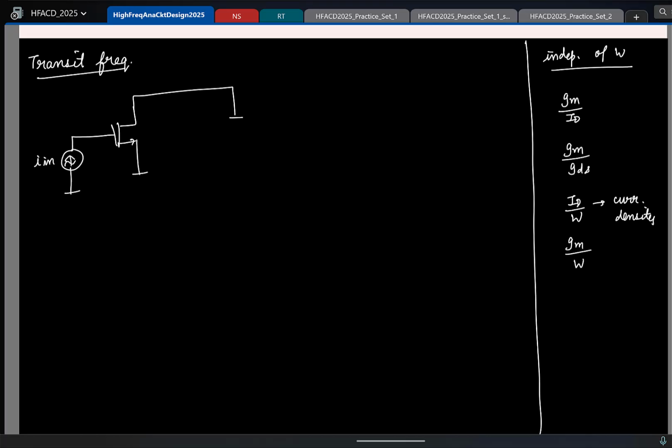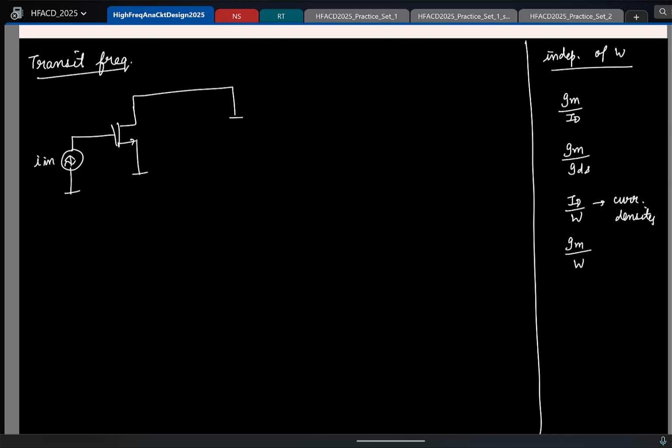Now ideally what would be the gate voltage? If I pump in a current into the gate, what do you expect the gate voltage to be? It's an ideal current source. If I pump in an ideal current source into the gate, what do you expect the gate voltage to be in an ideal scenario?